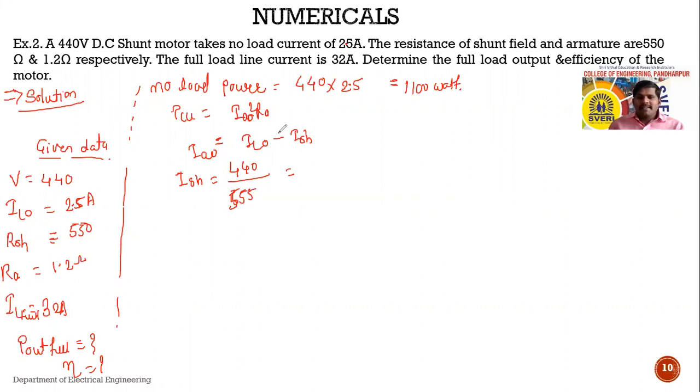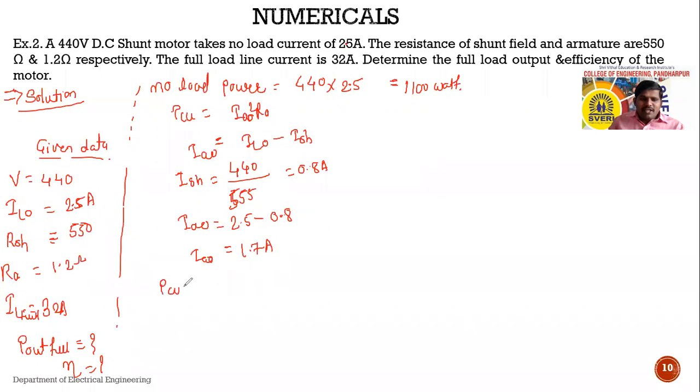What is the value of ISH? 0.8 ampere. Again, we calculate the value of IA0. IL0 2.5 minus 0.8 is equal to 1.7 ampere, that is IA0.